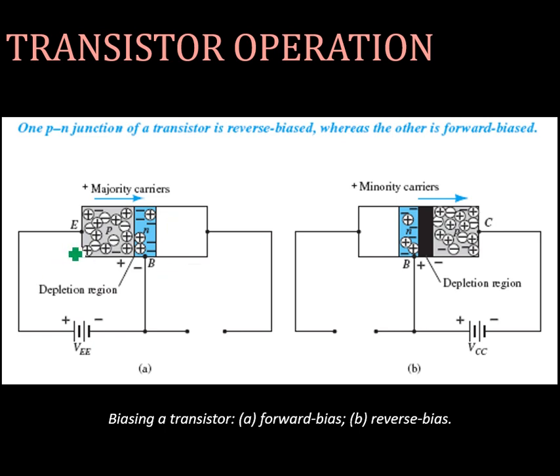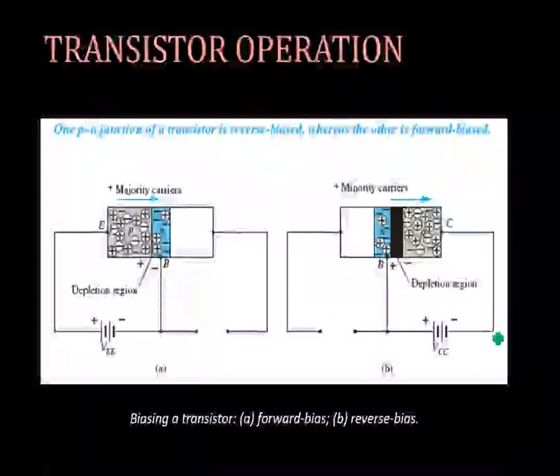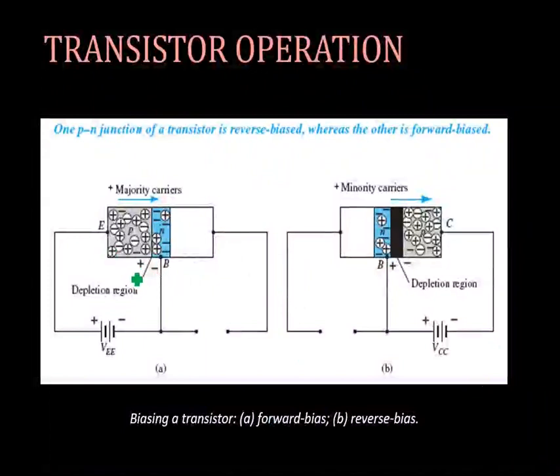Now this shows one PN junction of a transistor as reverse biased, whereas the other is forward biased. Since the emitter base junction is forward biased, it will behave like a forward biased diode, isn't it?